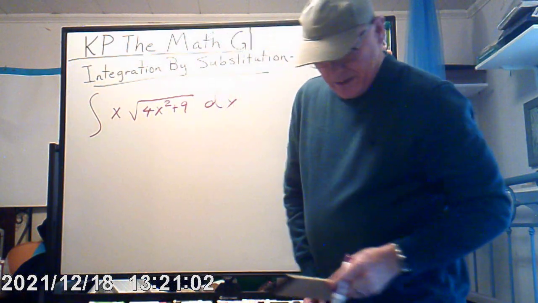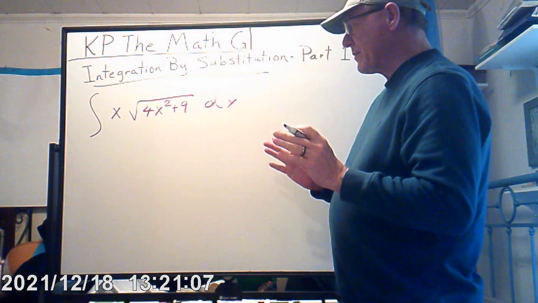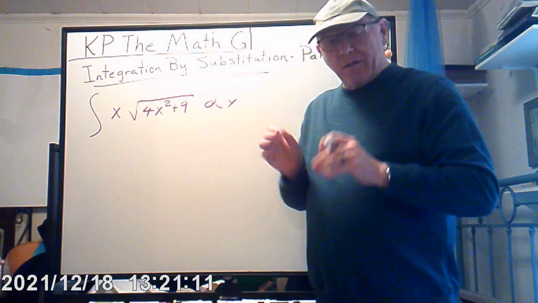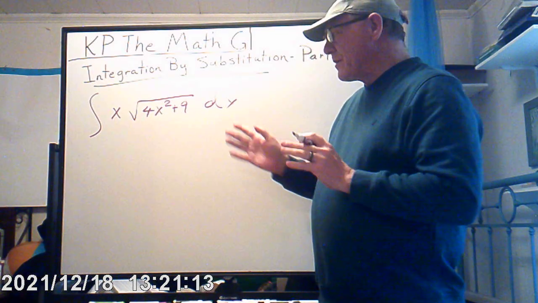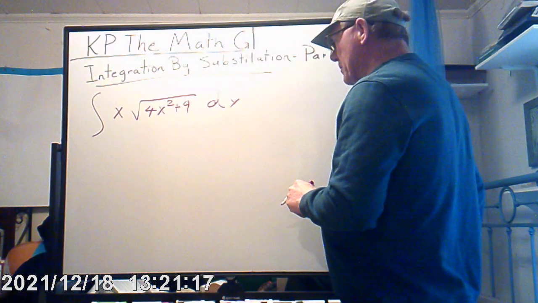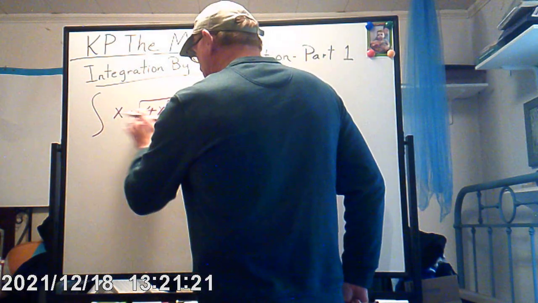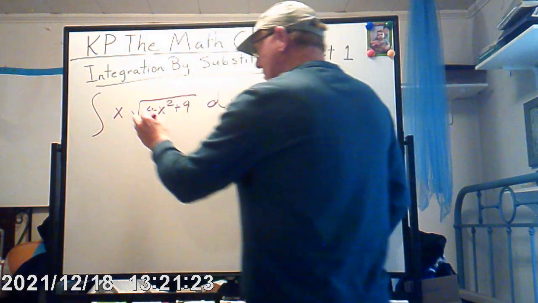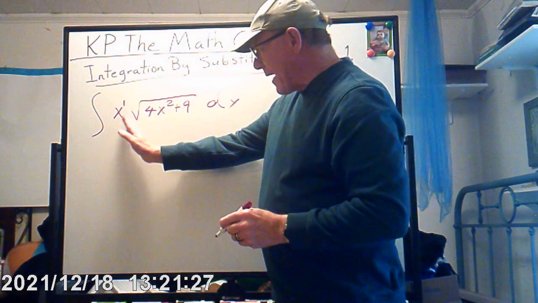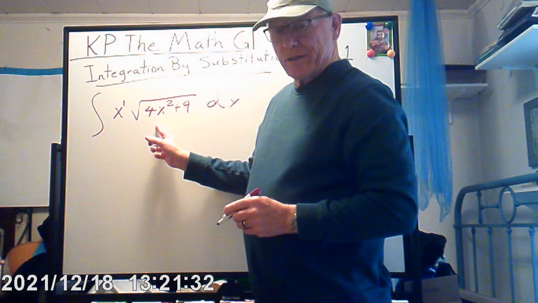How do I know when this is done by substitution? How do I know when to use this method? Well, when I'm looking at multiplication or division, and I see this exponent is 1 on the outside, and this on the inside is 1 more than that, which is 2.